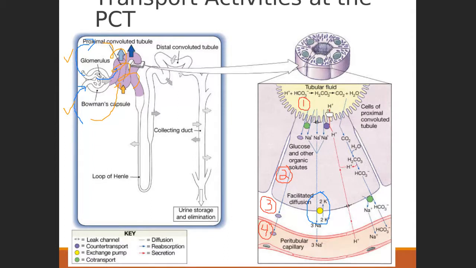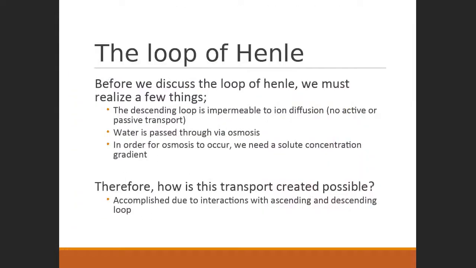Whatever didn't get filtered continues on past the proximal convoluted tubule and now finds itself in our loop of Henle. Now, the loop of Henle is an interesting part of the nephron. We see two different types of transport playing off of each other.